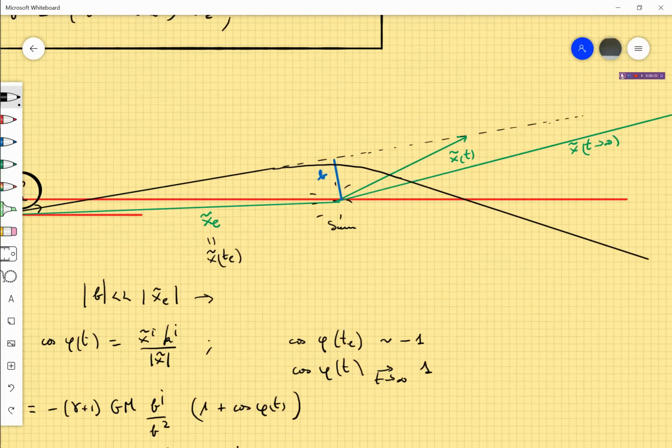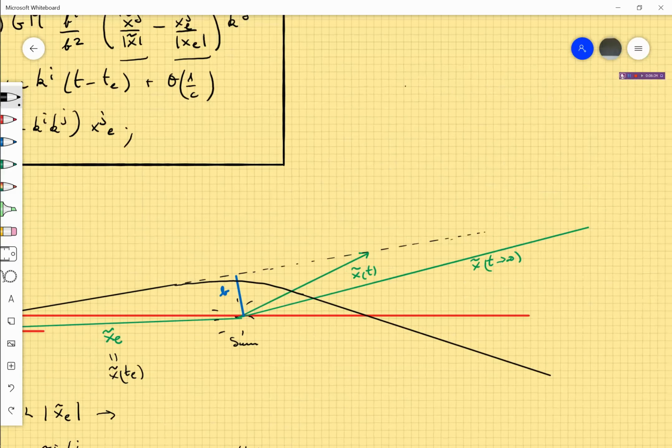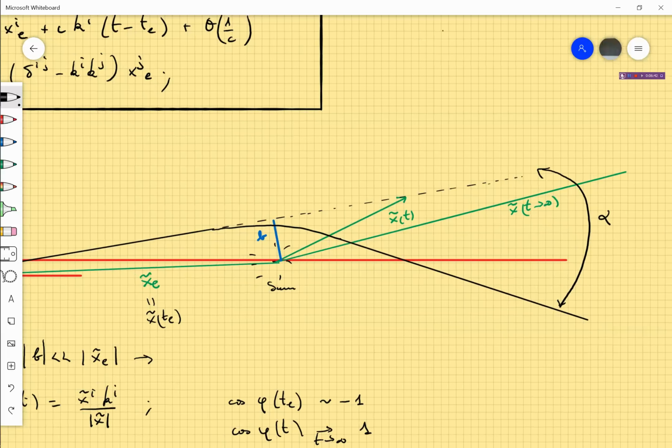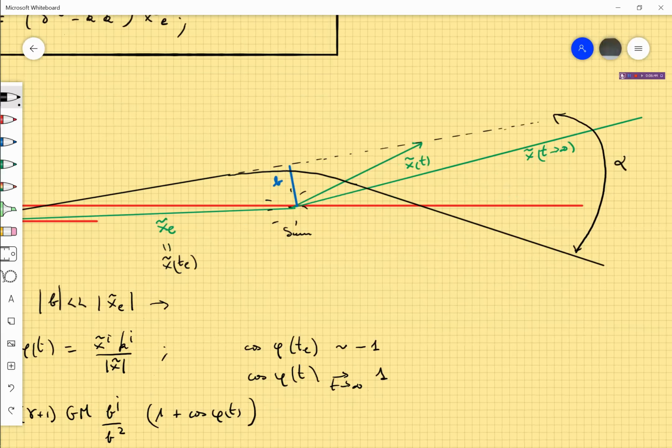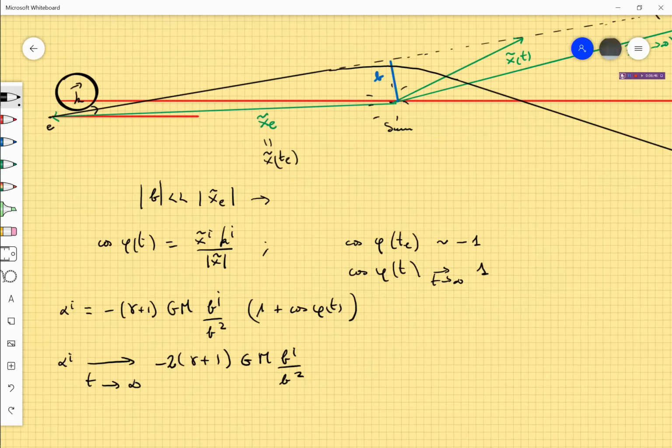The deflection angle is clearly this angle here that is typically called alpha. It is the angle between k and the final direction of the light ray.